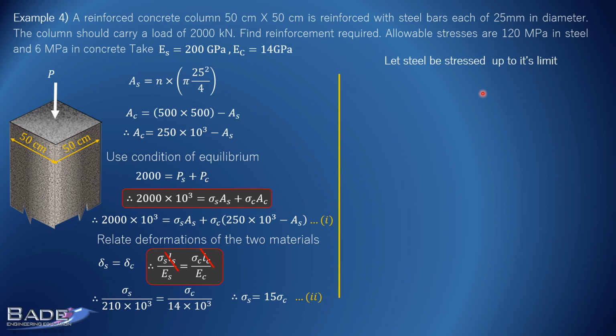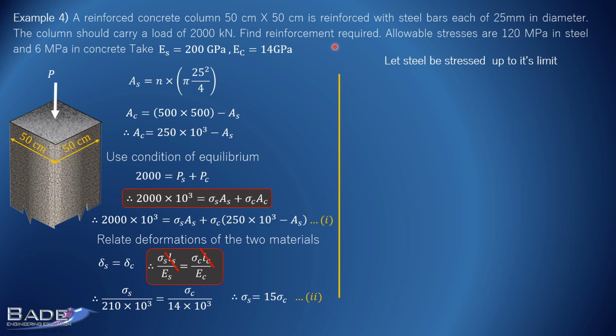Let's proceed. Let steel be stressed up to its limit. What is this? What are we doing now? Try to understand. Actual stresses in steel and concrete in this column follow these two equations. This is the relation between stresses. So in this column, stress in steel is 15 times stress in concrete. And when you put these values of stresses here, the total load the two materials are resisting is 2000 kilonewton.